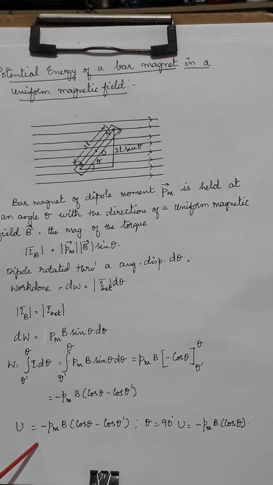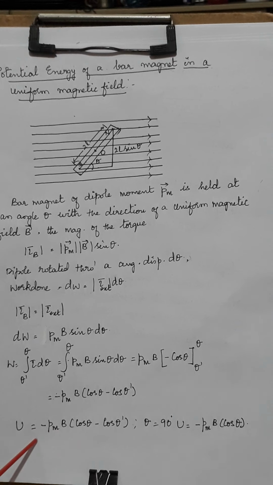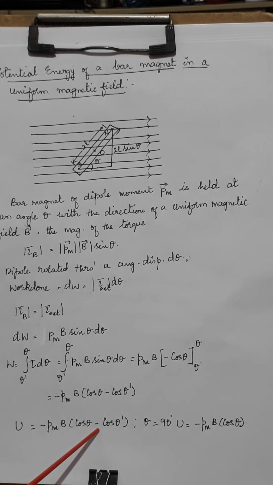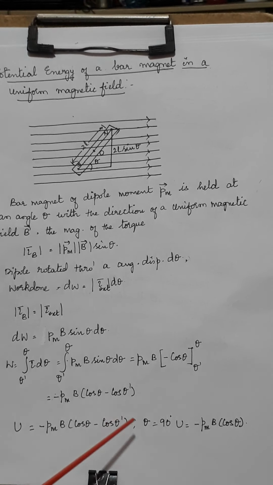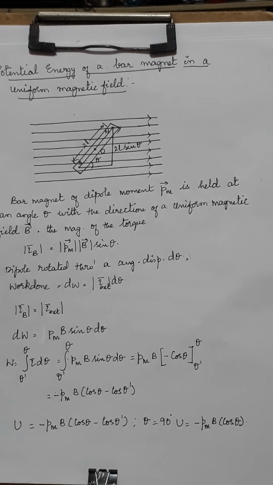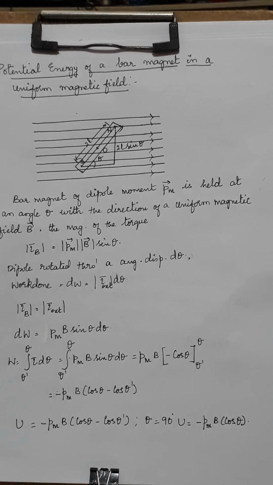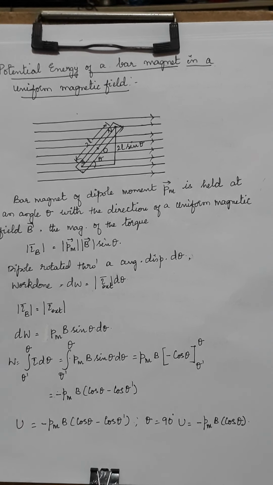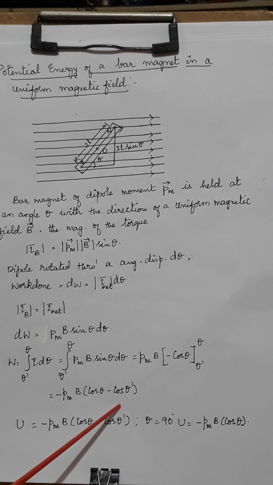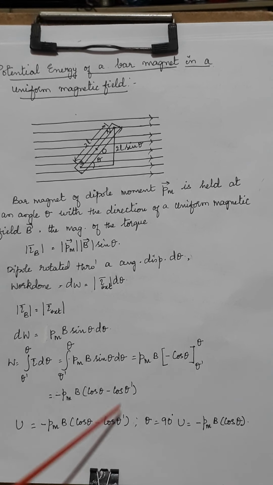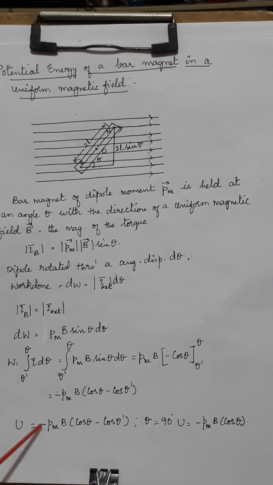Then you write it like this: minus PMB into cos theta minus cos theta dash. If theta dash is going to be 90, then what happens? Cos 90 turns to be 0 and this minus sign will get eliminated.